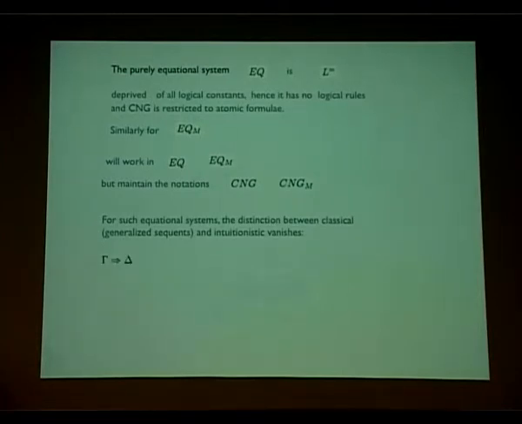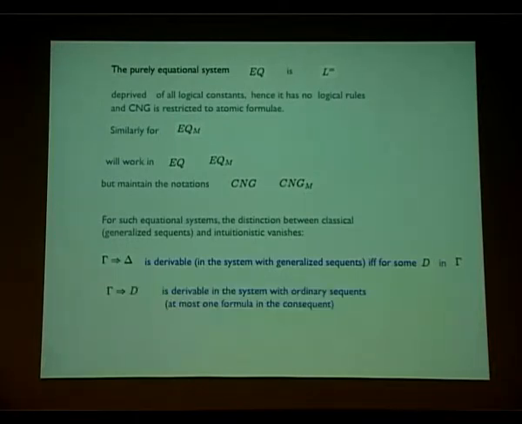The first thing that we could remark is that here you don't have any real difference between classical and intuitionistic logic in this purely equational subcalculus. And here is where you want to prove cut elimination.